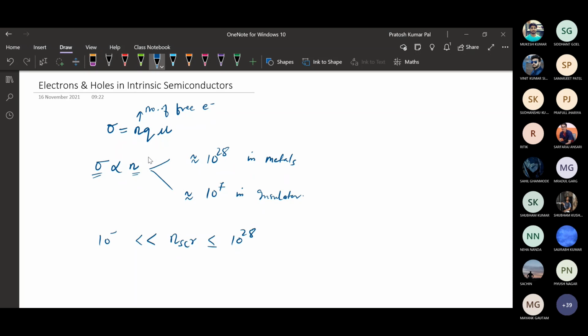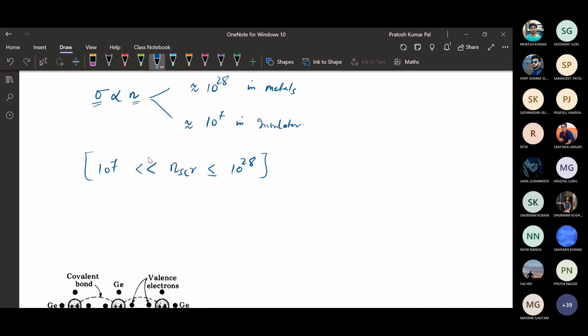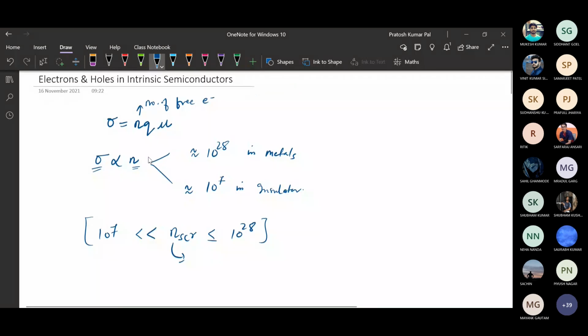Here this n is basically the valence electrons, the outermost shell electrons in the semiconductor.